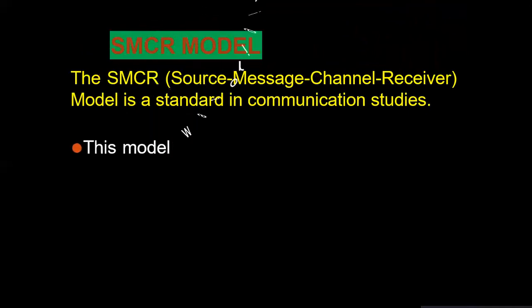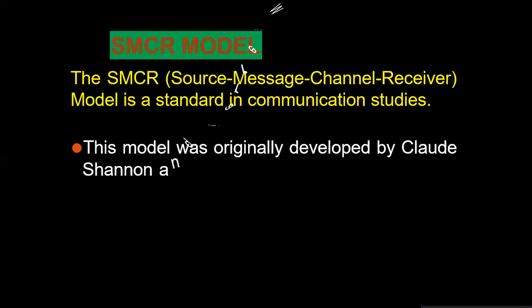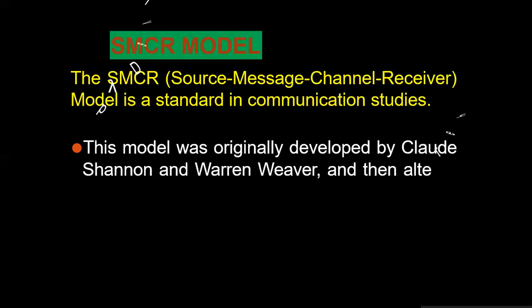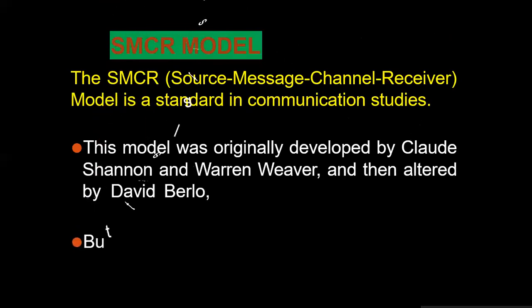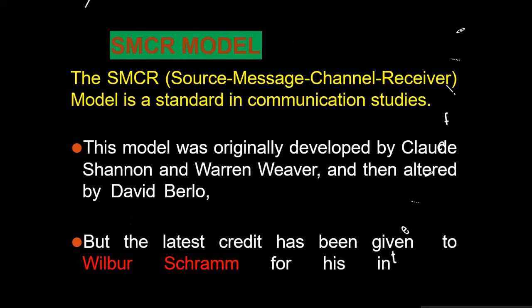In this case, this model was originally developed by Claude Shannon and Warren Weaver, and then altered by David Berlo. But the latest credit has been given to Wilbur Schramm for his interactive interpretation.